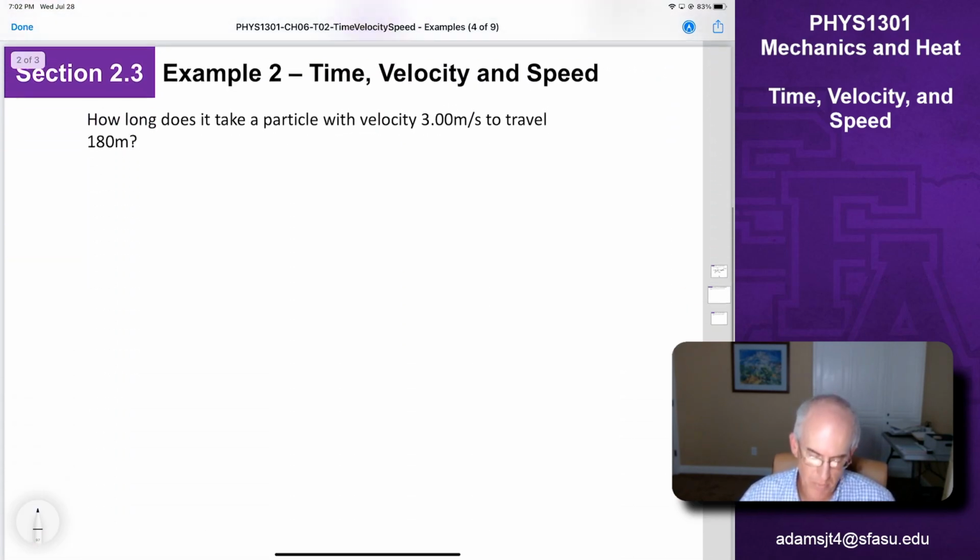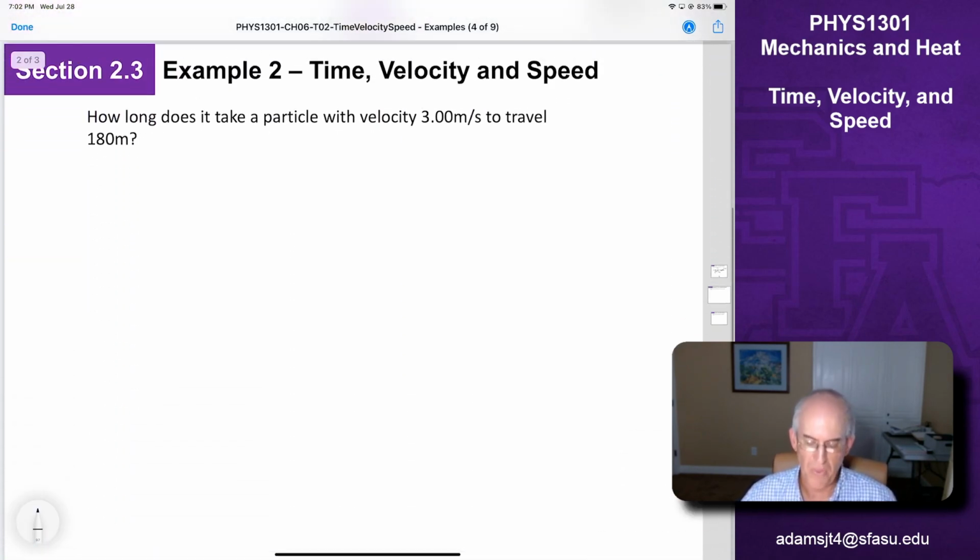In this next example, though, we're going to say this. How long does it take a particle with a velocity of 3 meters per second to travel 180 meters? So notice in this problem, I have that my velocity is 3.0 meters per second, and my displacement is the distance that the particle traveled.